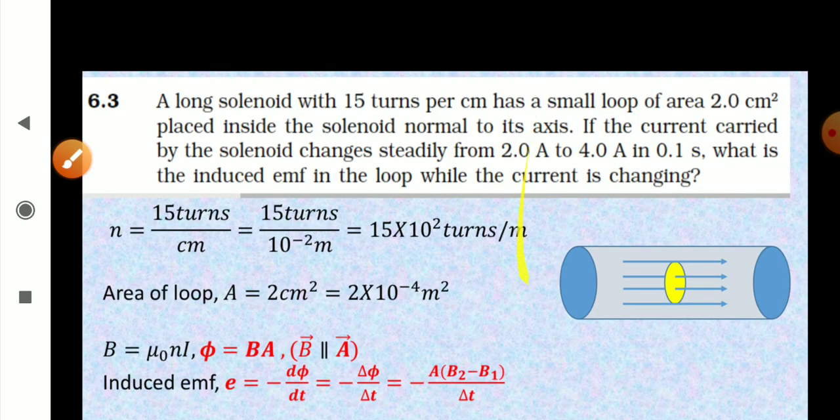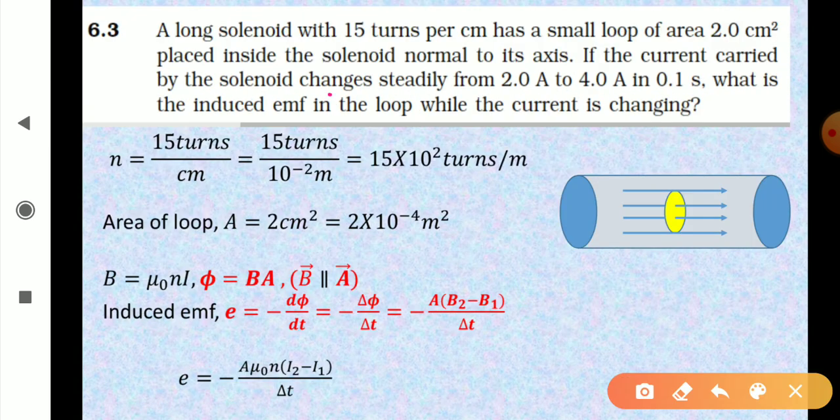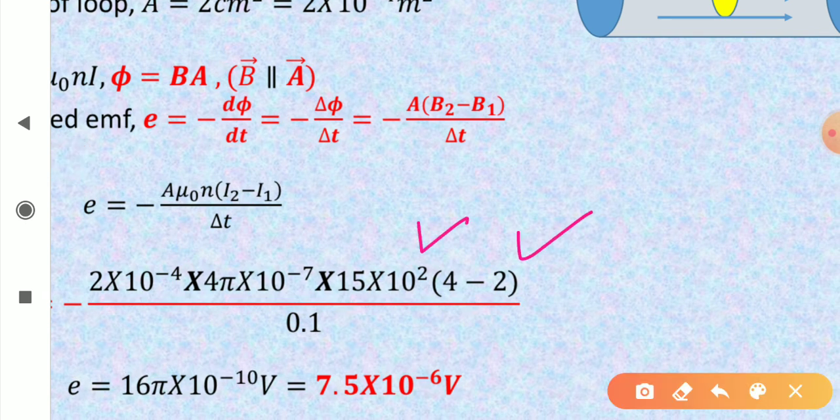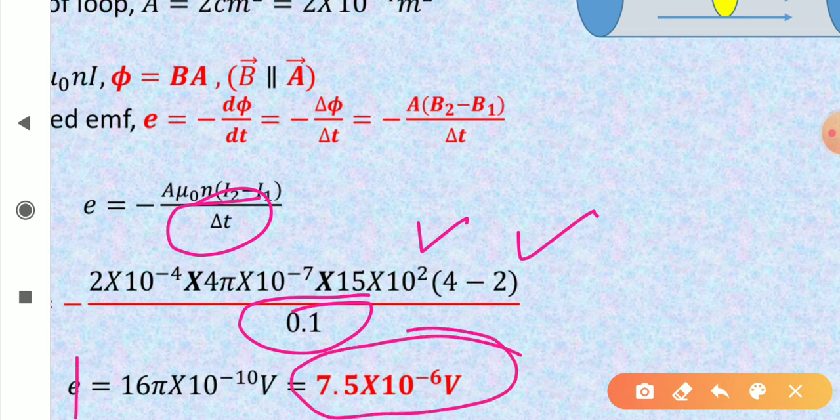See, current changes steadily from 2 ampere to 4 ampere. Time given is 0.1 second. So 4 minus 2, final current minus initial current, and the time delta t is 0.1 second. And putting all the values and simplifying, you get induced EMF as 7.5 into 10 raised to the power minus 6 volt.